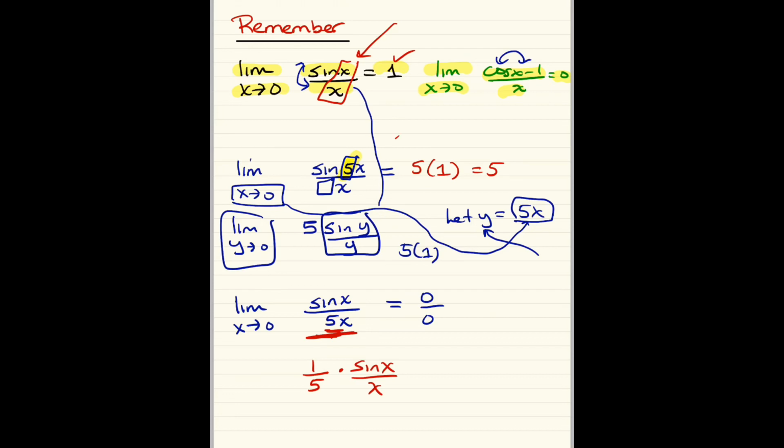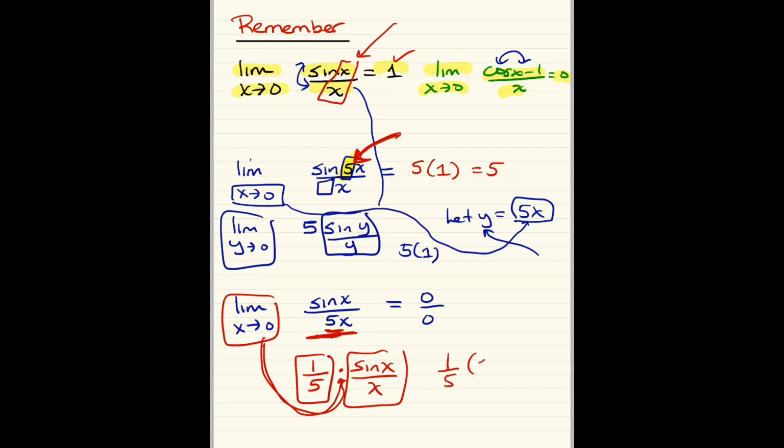In the previous problem, this was part of the angle. You're not allowed to take that out. So here, you're allowed to take it out. If you remember the limit property video that I had, you can just pull out this constant 1/5, apply the limit here. What is this? That's 1. 1/5 times 1 is 1/5. And that's how you basically do this. Once again, your answer is going to be 1 over 5.